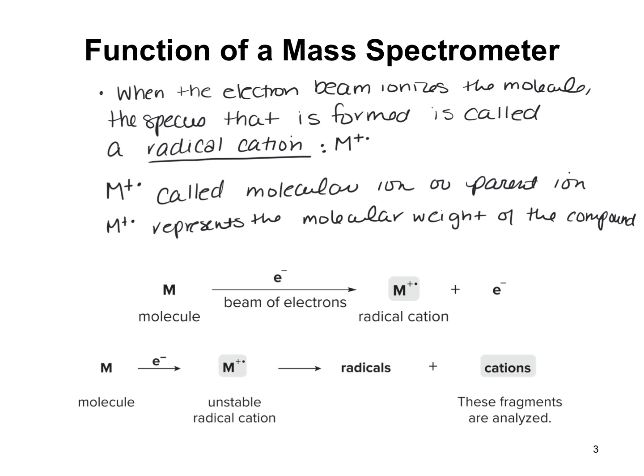Because that M+ is unstable, it's going to decompose to form fragments of radicals and cations that have a lower molecular weight than M+. Those fragments can tell us some information about the structure of the unknown organic compound. I want to remind you that radicals have an unpaired electron. So as we're talking through radicals, that's what we're talking about with those unpaired electrons.